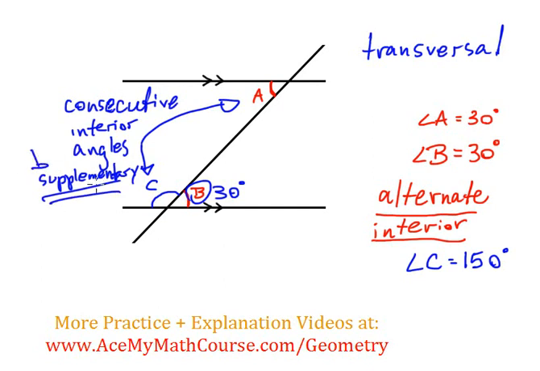Great. What else? Let's say that I want to figure out angle D right here. Well, that's vertically opposite to angle B. D and B are vertical angles. So I could just say that they're equal because of that, and so D measures 30 degrees.